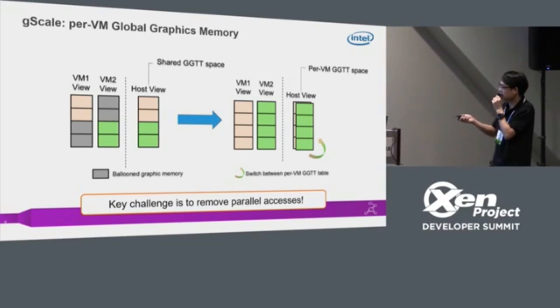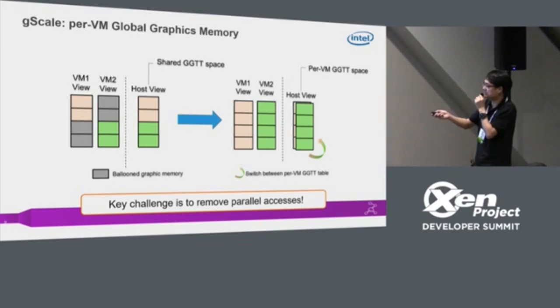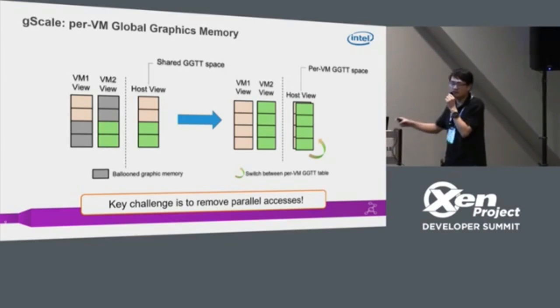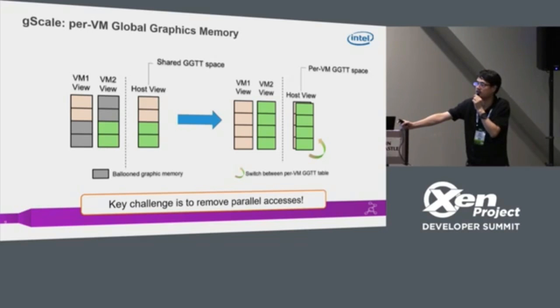So when we switch the render engine, we switch its page tables here. With this design, the key challenge is that there are still 2 components, as I mentioned, the render engine and the CPU access, trying to access it from different VMs.